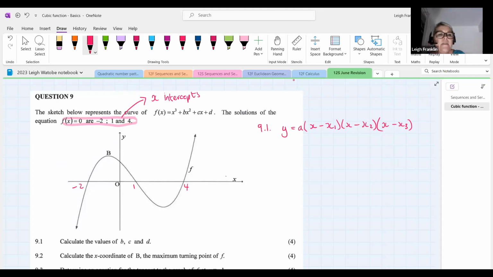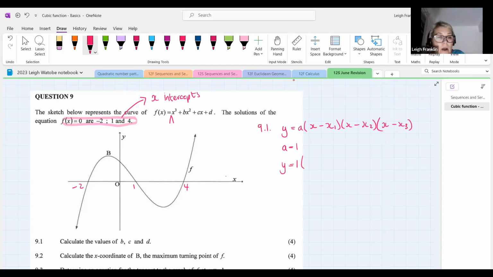That's great. The other bit of information that they've given us is in front of the x cubed, we know that that value is equal to 1. So they are telling us that a is equal to 1. They've given us this information. So now we can go ahead and sub in.